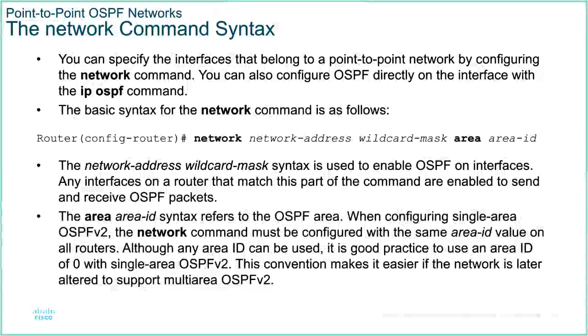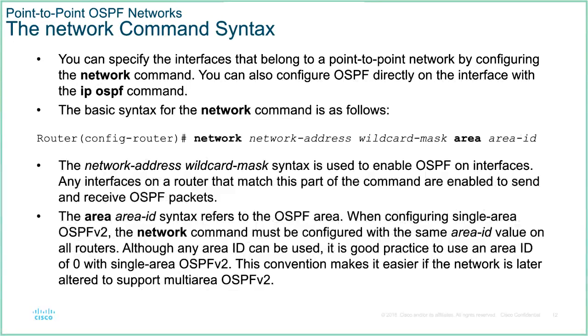We put in the network address. OSPF uses a wildcard mask, not the subnet mask, so it's the inverse, and then the area and the area ID. So in our examples it will be area 0.